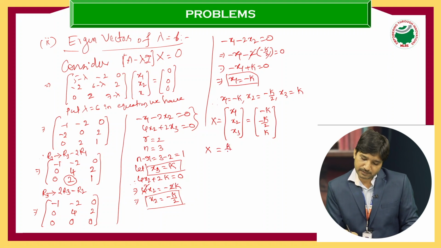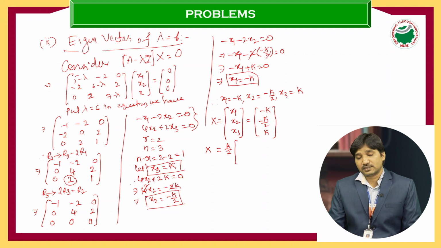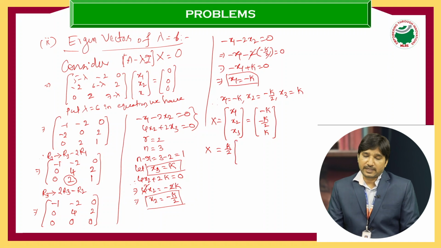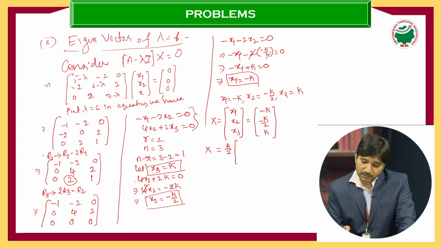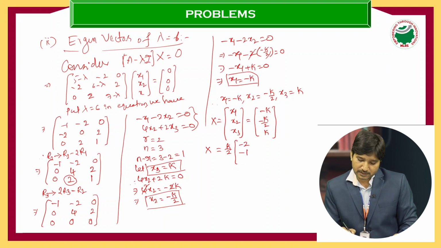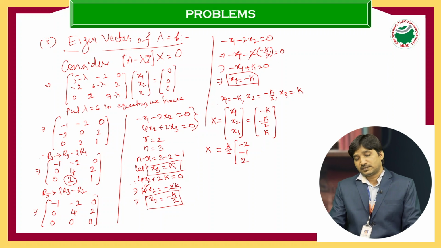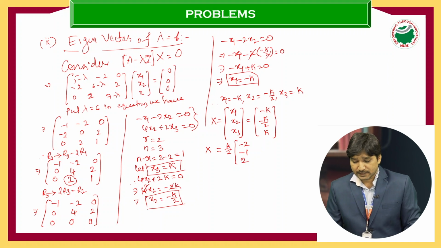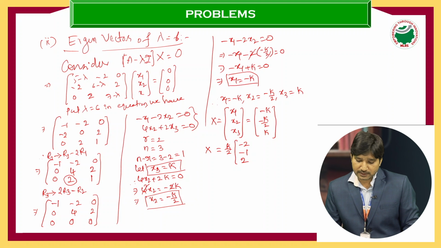Minus k by 2 gives minus 2, minus 1, and k gives 2, so the 2s cancel.